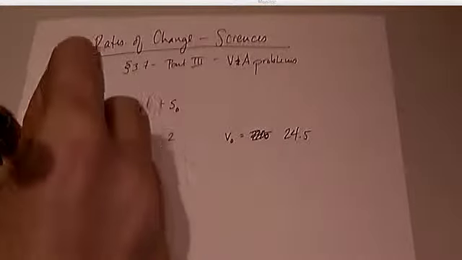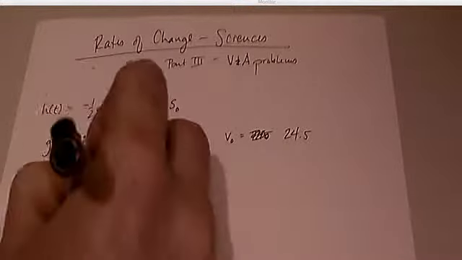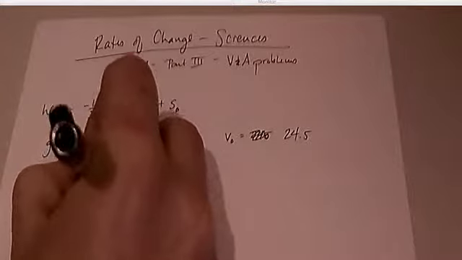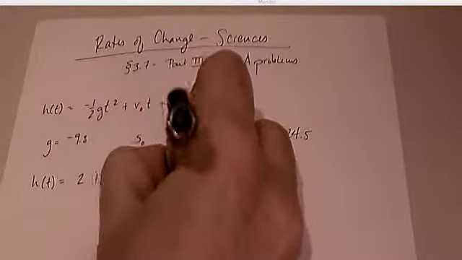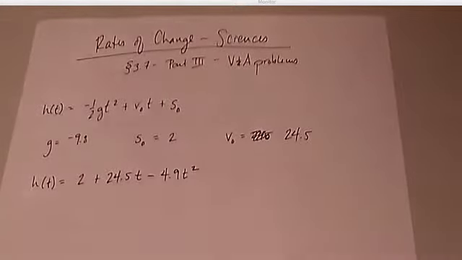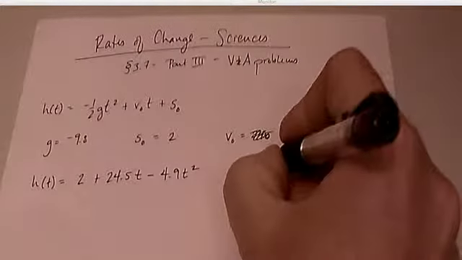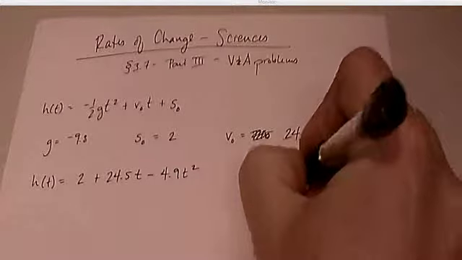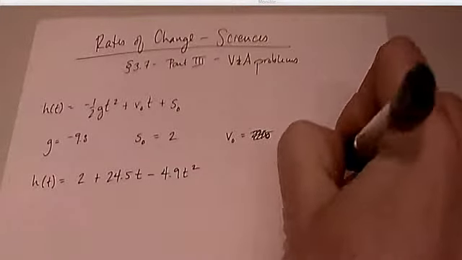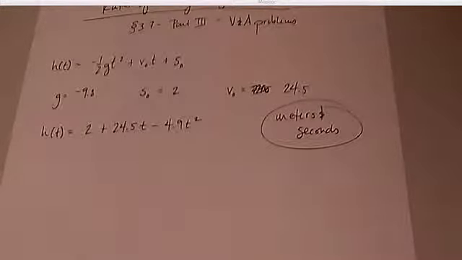And so the model that they actually give us, and they give it to us backwards, why they do this, I really don't understand, but whatever, winds up being 2 plus 24.5t minus 4.9t squared. And remember, this is in meters and seconds, so we'll keep that in mind for our answers to particular questions later.